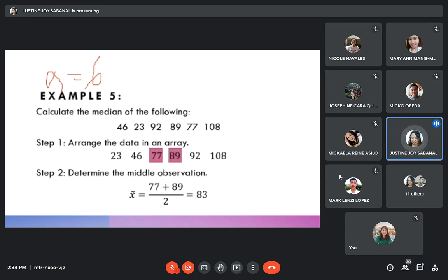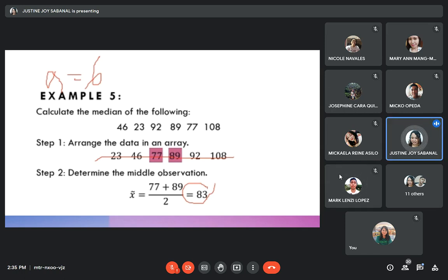So, yung median daw po ay 83. Kung titingnan natin doon sa dataset, walang 83 sa ating original information. Kaya po, under even number of observation, meron po tayong estimated value ng median. Maliwanag po.